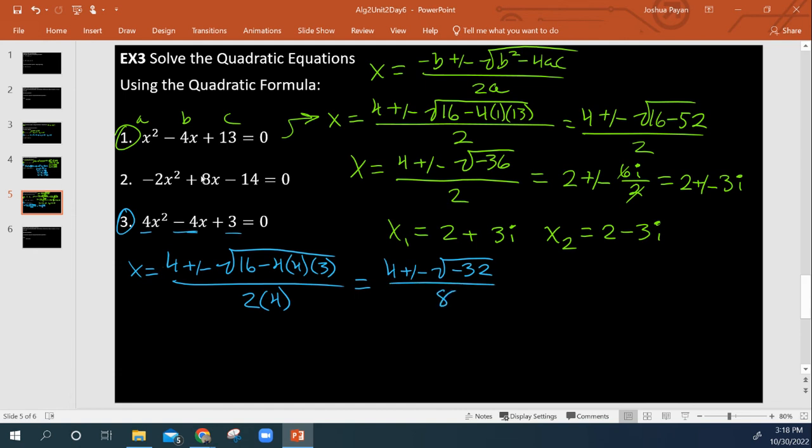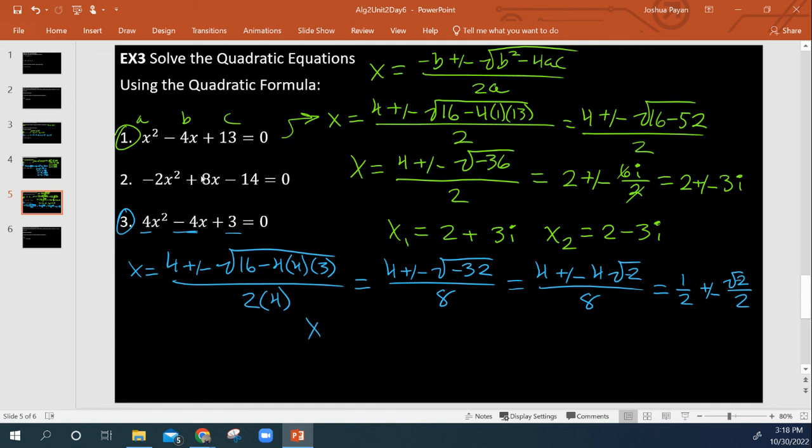Okay, and square root of 32, we can factor that into 16 times 2, so 4 plus or minus 4 times the square root of 2, all over 8. We can reduce, so I can say that this becomes 1/2 plus or minus square root of 2 over 2. Oh, and that's supposed to be a -2. So -2.